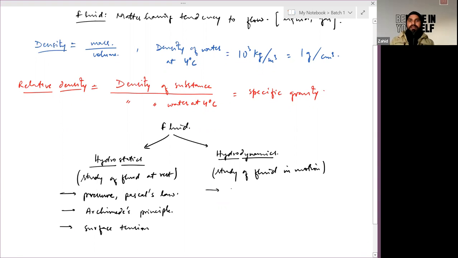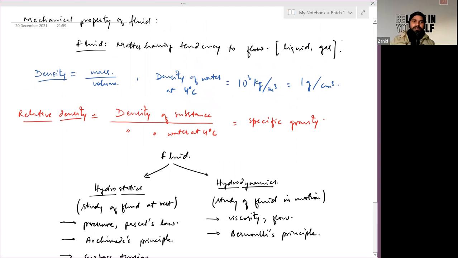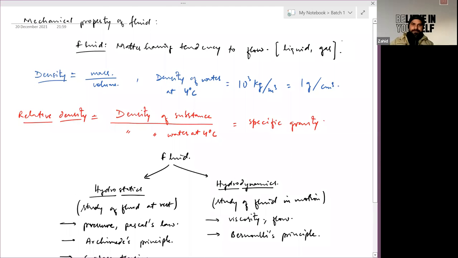First will be viscosity, for which we may define different types of flow. Next, and the most important part, Bernoulli's principle and its various applications. Okay, just write it down till this part. Then I'm starting with first hydrostatics.